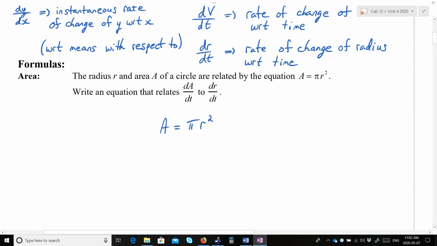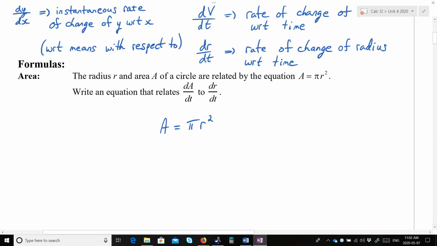And basically what we do here, guys, is you treat all of your variables as functions of time. Okay, and so the radius of a circle can vary, so r can vary. And if the r varies, different radiuses give you different areas. So as r varies, A varies.